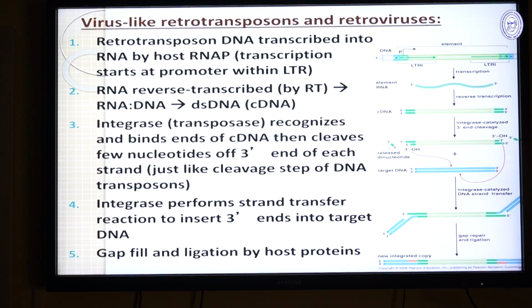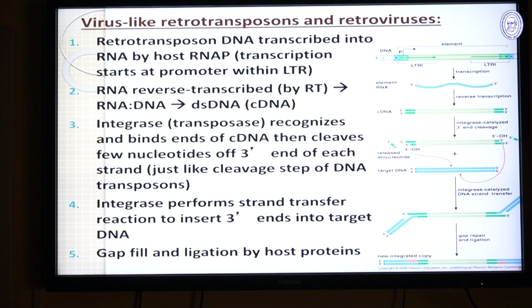Now comes the role of the enzyme integrase. It has a similar action to that of the transposase enzyme present in the first class, the DNA transposons. This integrase recognizes and binds the ends of the cDNA and then cleaves.